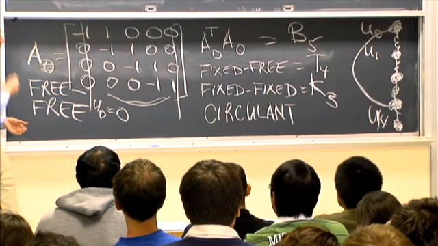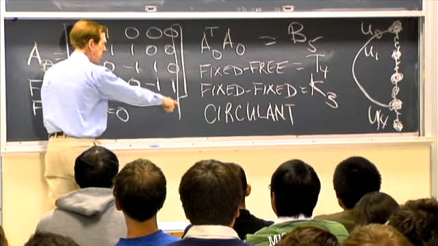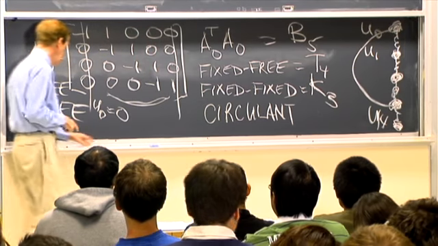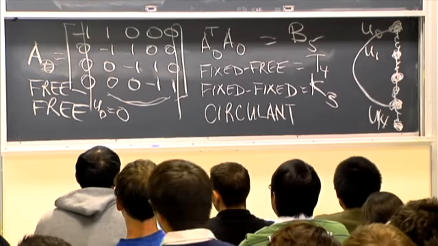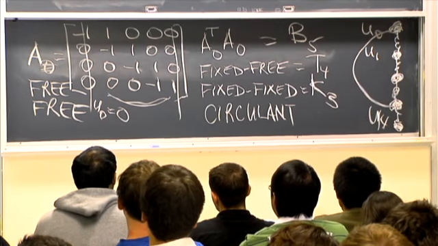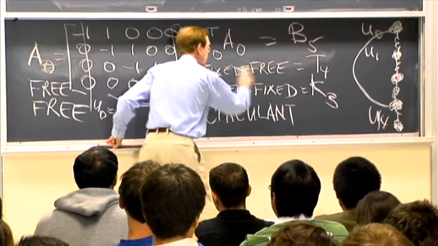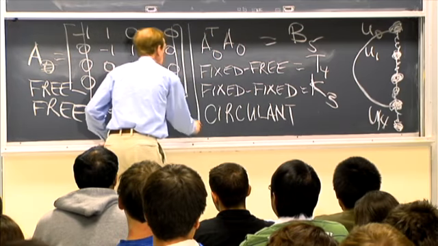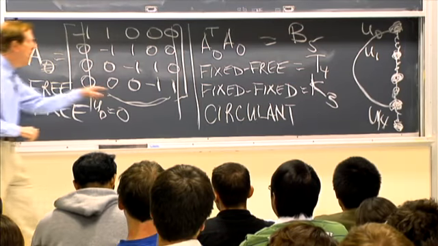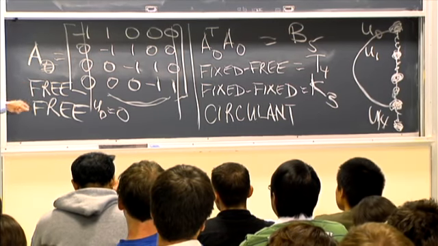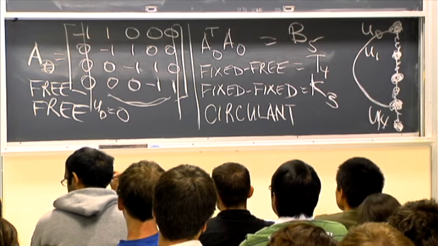If U4 is connected back to U0, now I'm aiming for this circulant. What matrix A is going to give me the circulant? Again, these are the A transpose A's. This over here was the A, and over here is the A transpose A. Now I want to fix A, and then I want to see the A transpose A.